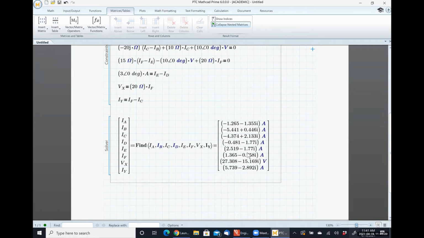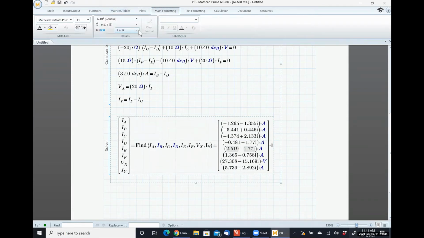So we could mathematically manipulate stuff using the rules for complex numbers, but that sounds like way more work than I'm willing to do. Instead, I'm just going to click into this area and I'm going to go into math formatting. This bottom right-hand thing right here allows me to change the way that complex numbers are expressed.